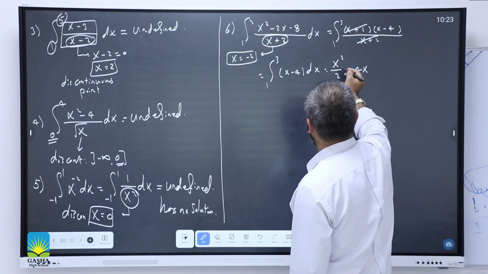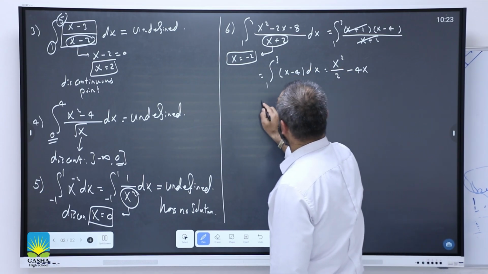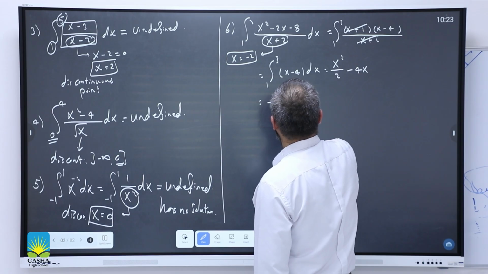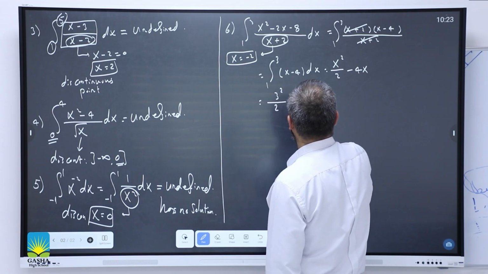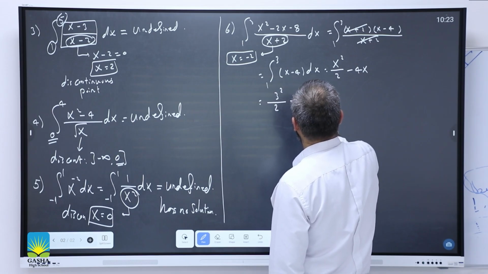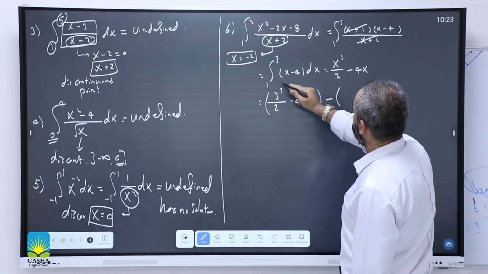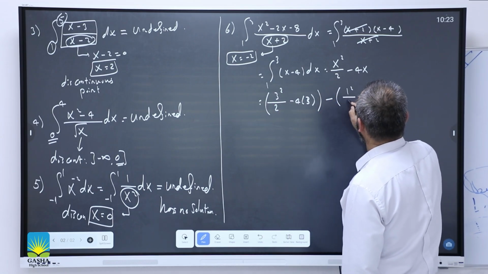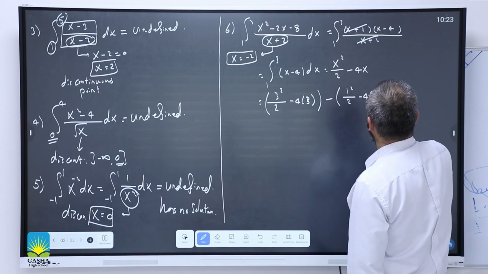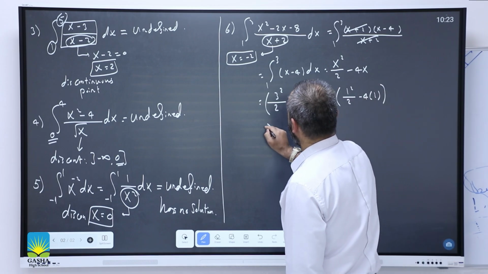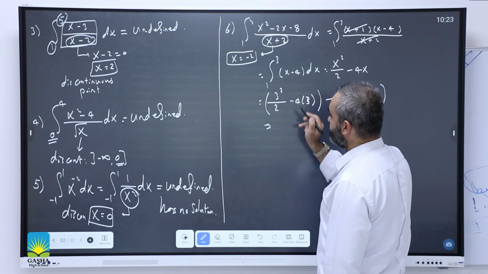We substitute 3 here and 1 here: 3 power 2 over 2 minus 4 times 3, minus 1 power 2 over 2 minus 4 times 1.